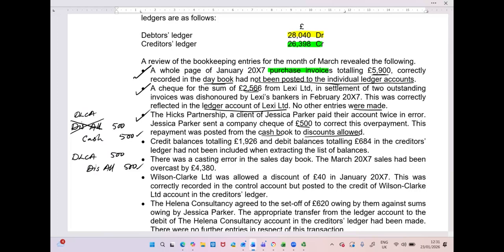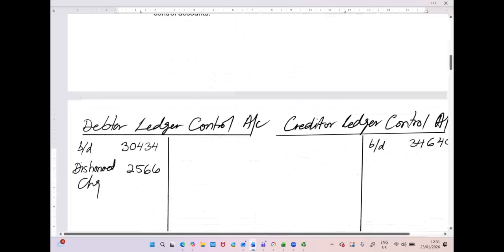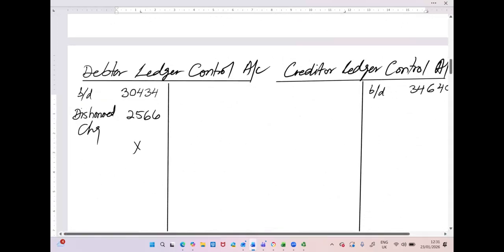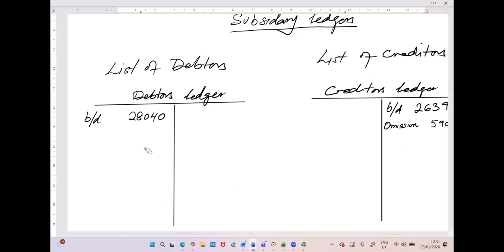Now, if you read the question again, it tells you that the discount was not recorded anywhere, neither in the control accounts, nor in the individual list of balances. Therefore, we need to update both the accounts.